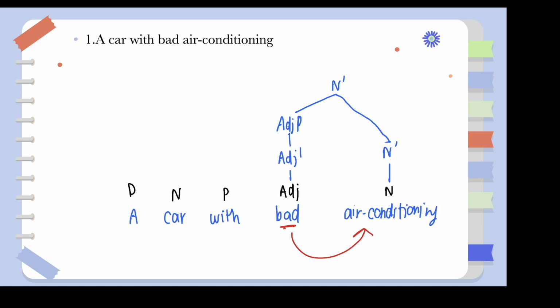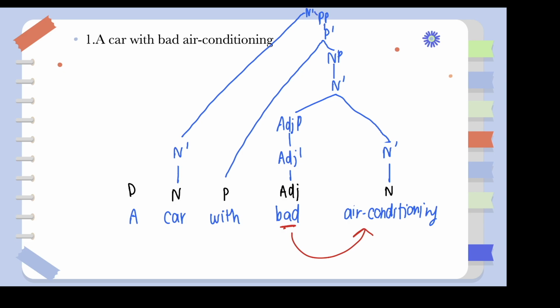And then we have bad air conditioning, which is our NP, and in our NP here we can match it with P to be like the P bar, and in P bar here we have PP, prepositional phrase, and in N bar we match it with PP to be N bar here.